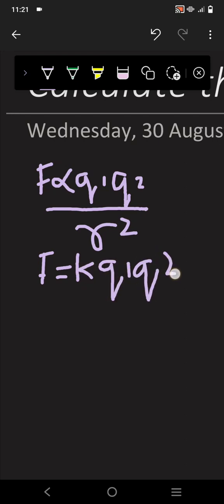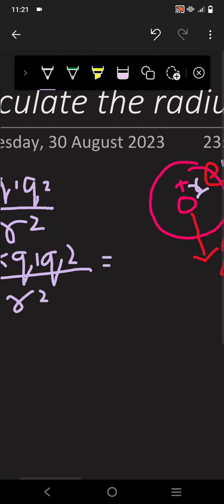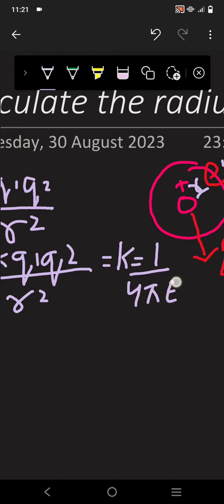If we remove the proportionality sign, then we add equals and K. For the charges, for calculating the radius, we have K as 1 upon 4 pi epsilon naught.